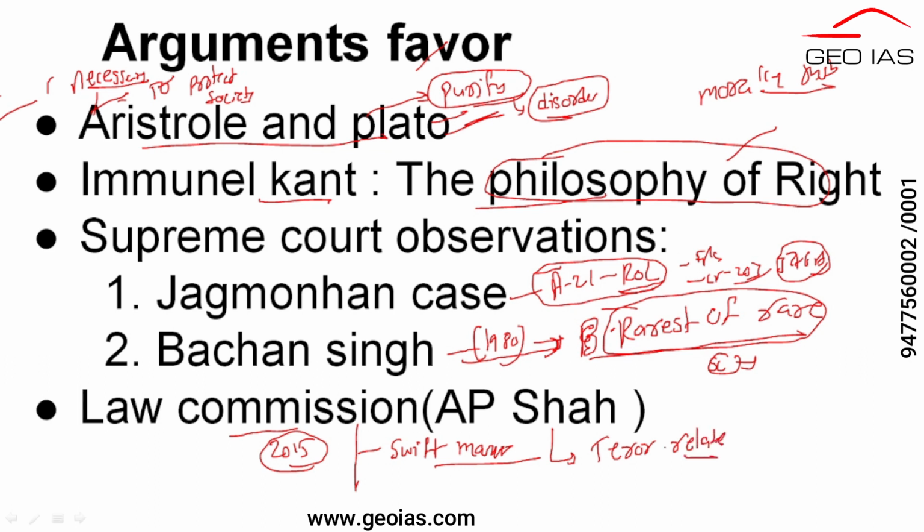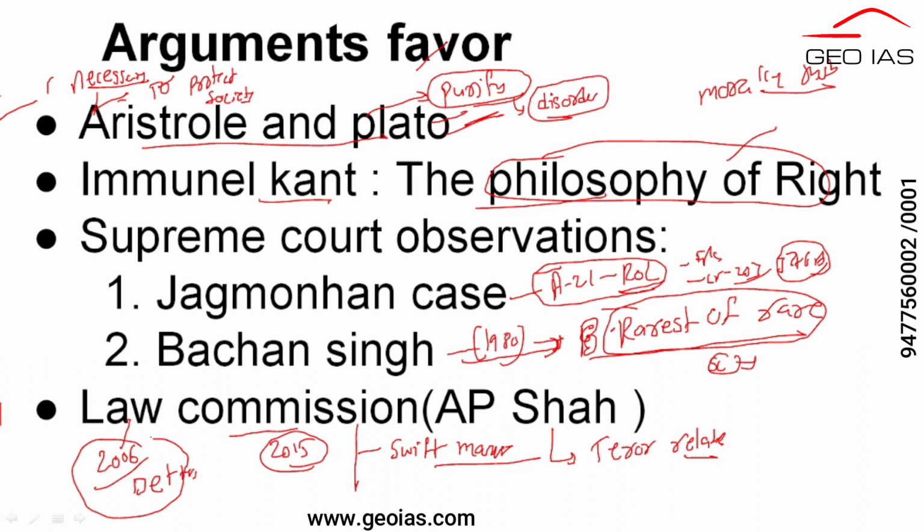In fact, the Law Commission in its previous report in 2006 also believed that capital punishment provides deterrence to crimes. As it is providing deterrence, it is very important to continue capital punishment.